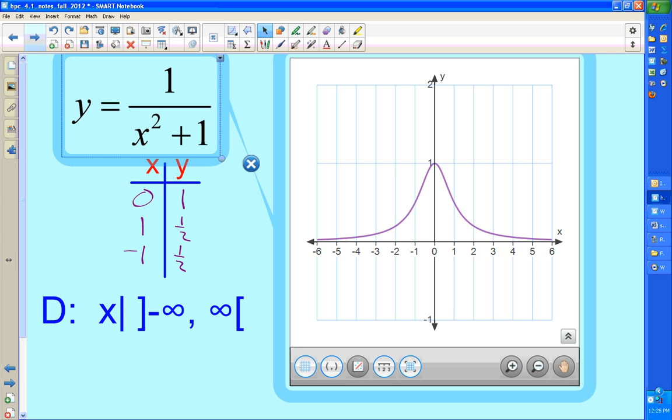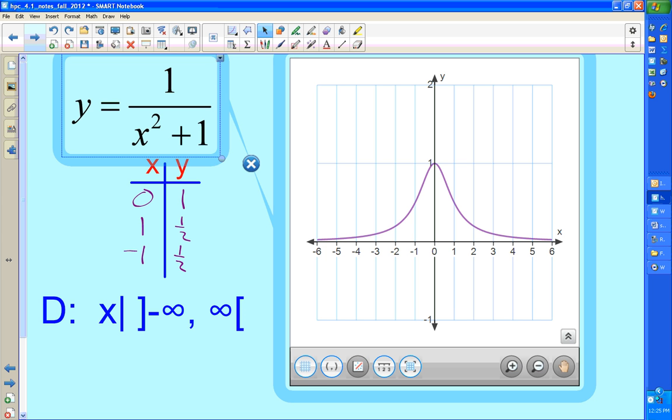If you can't remember how to find the horizontal asymptote, in your calculator you can plug in a 10,000 for x. So you get 1 over 10,000 squared plus 1, round that decimal to the nearest tenth, and that will give you your horizontal asymptote every time. Your domain, all reals.